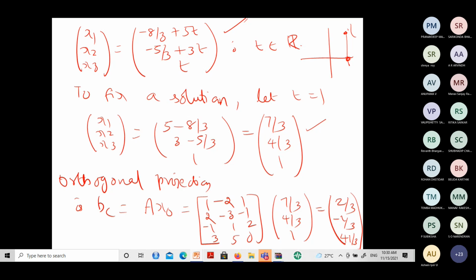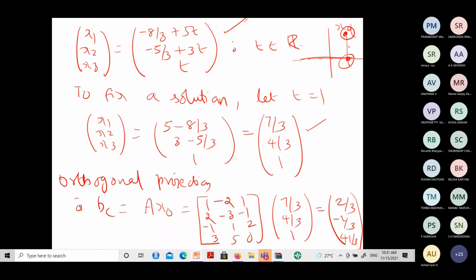Ma'am, can you just once explain how we wrote AX0? So what is AX0? See, this is one vector. Among all the vectors on this particular line, which vector will be close to this x0? Suppose this is your x0, one solution. It's actually a vector. Which is close? Its projection.